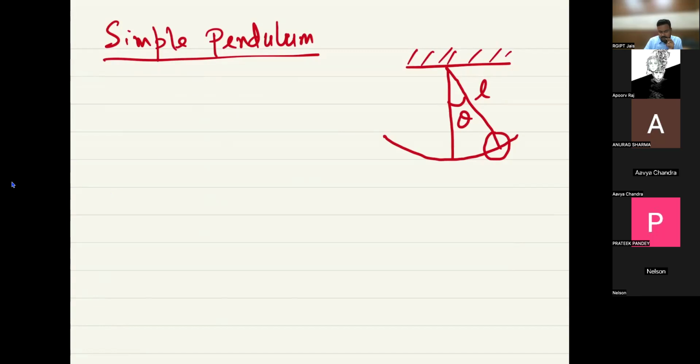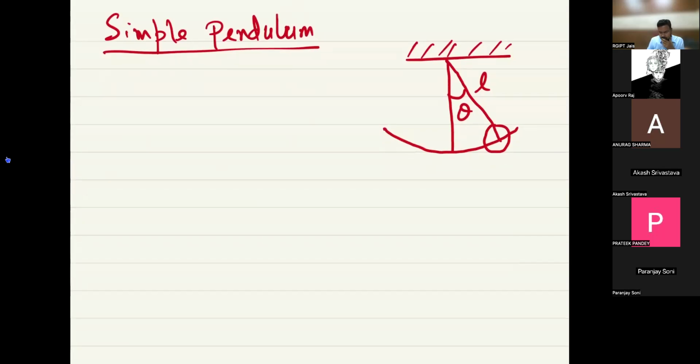We have done this already for the simple harmonic oscillator in the previous class. Yes, go through the energy method, kinetic energy and potential energy. So we need to calculate the potential energy and the kinetic energy.